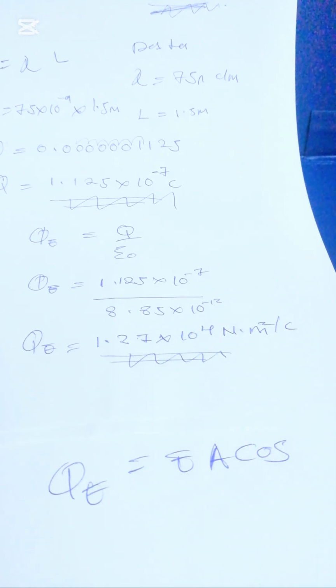I hope it's clear. So for the electric field of a cylinder, we have the formula lambda over 2 pi r epsilon 0. We are going to replace, then compute.